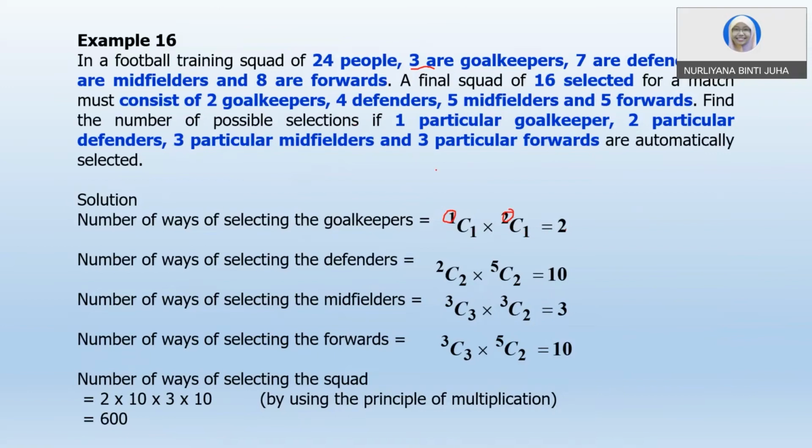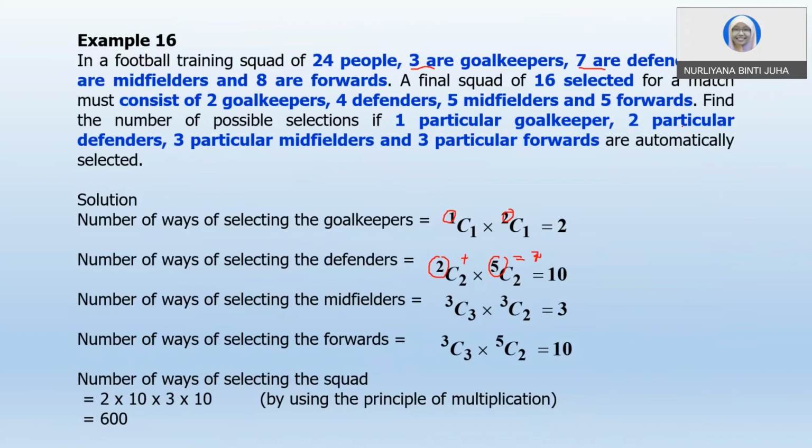How about for the defenders? Defenders there are 7. See? 2 plus 5, so you get 7. 7 defenders, which originally was 7 defenders. But then it says you only need to choose 2 defenders.